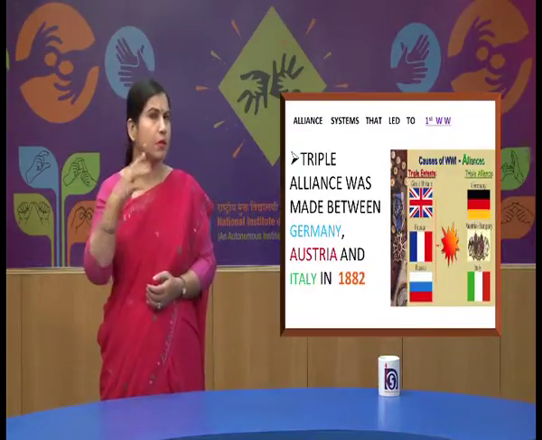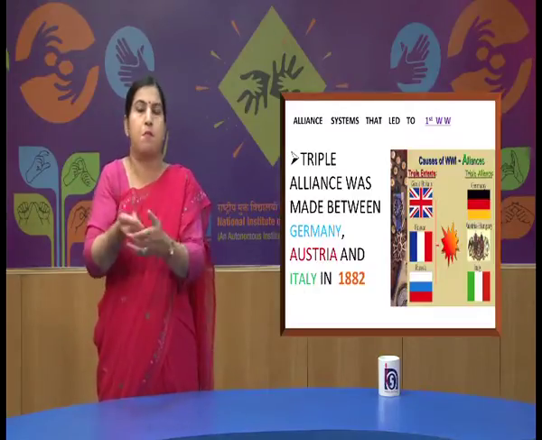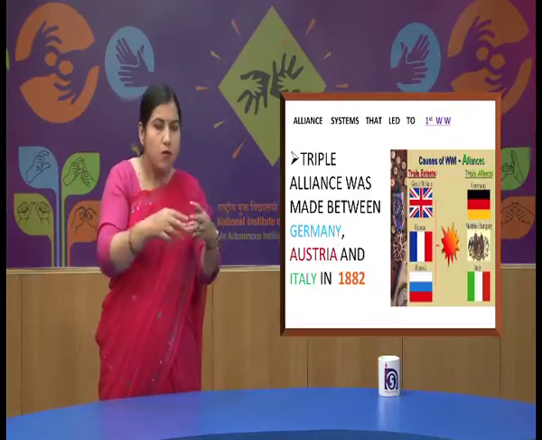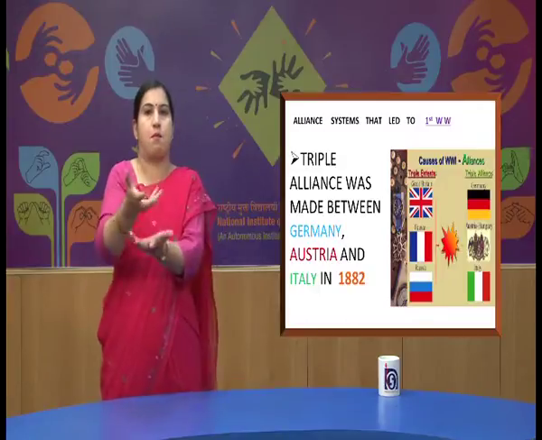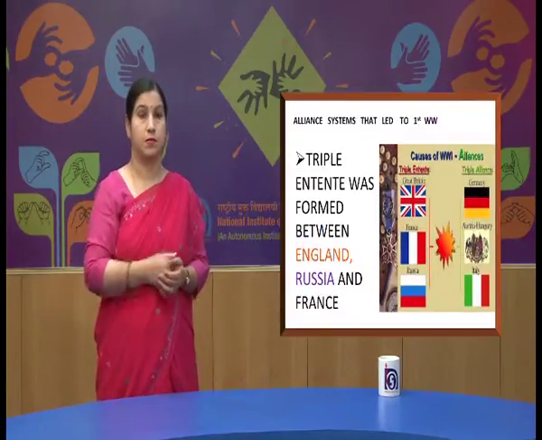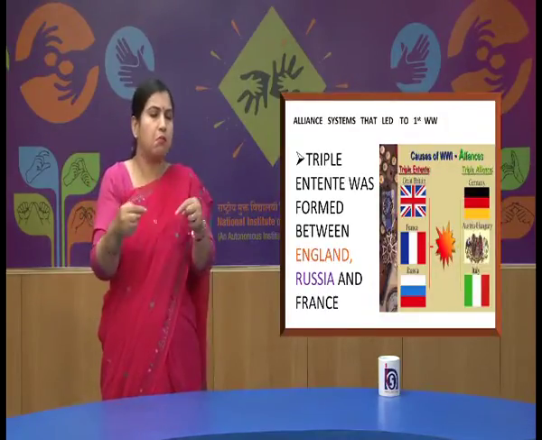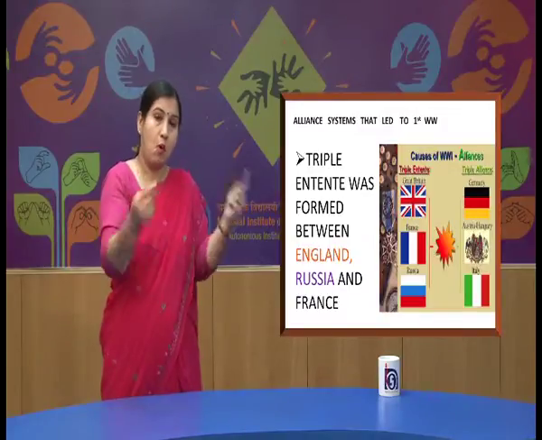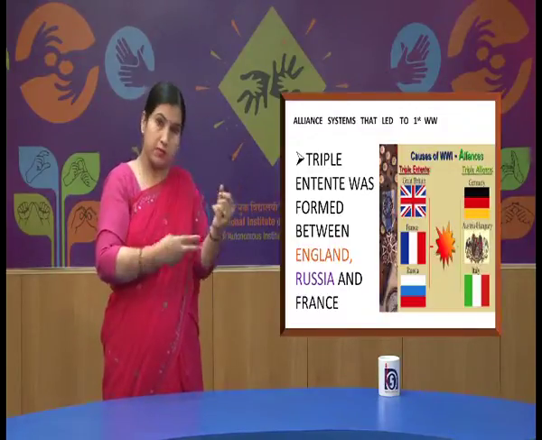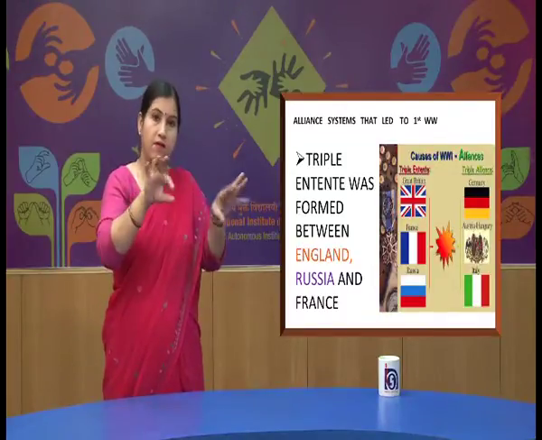The main purpose of this alliance was to help each other against military attack on any of them. While to counter this group, a new group was formed between England, Russia, and France, called Triple Entente.